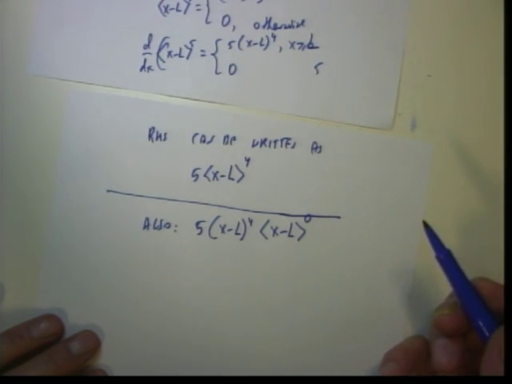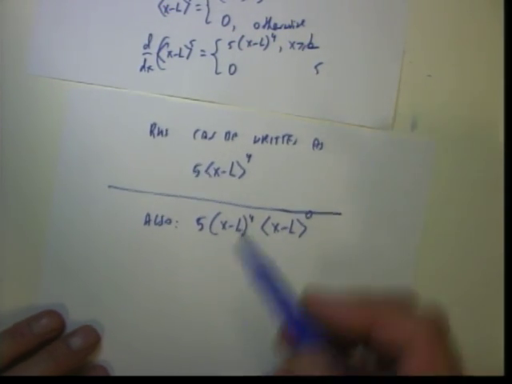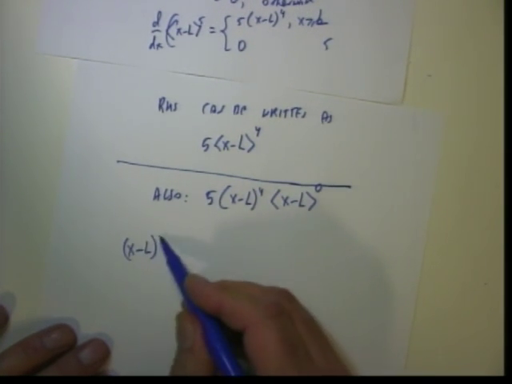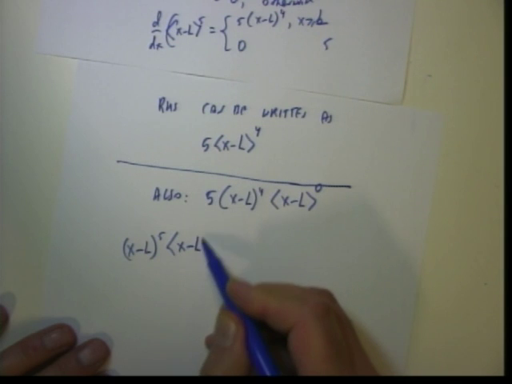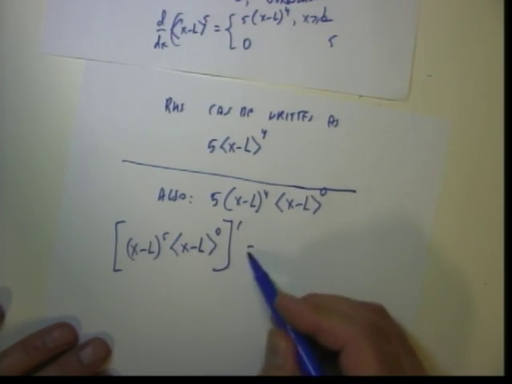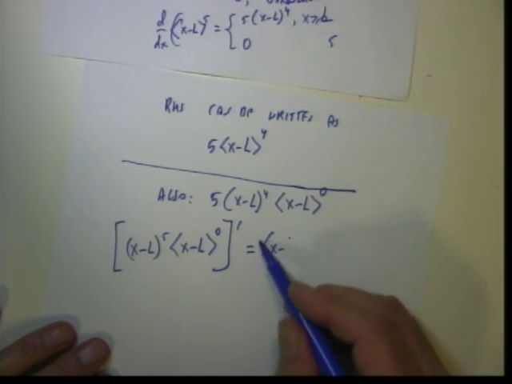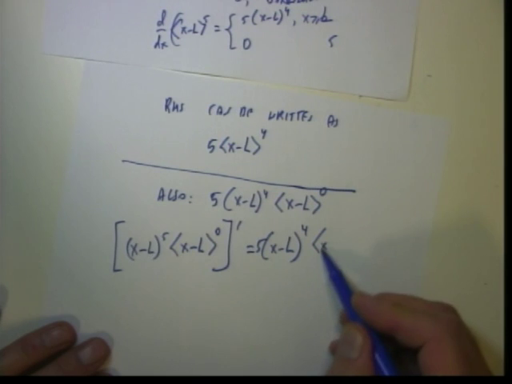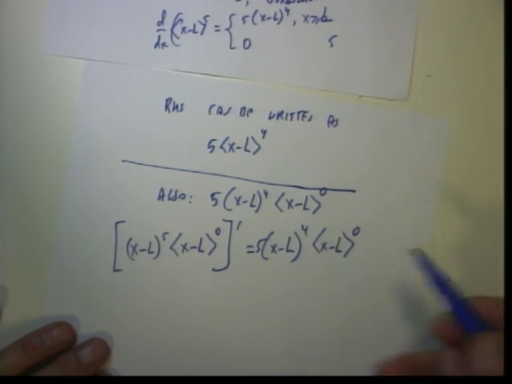That is also perfectly okay. We could also write it like this: (x - L)^5 times (x - L0), first derivative, equals 5 times (x - L)^4 times (x - L0).